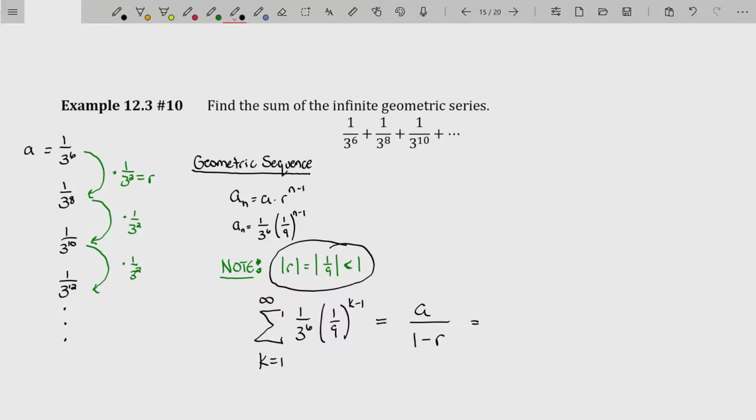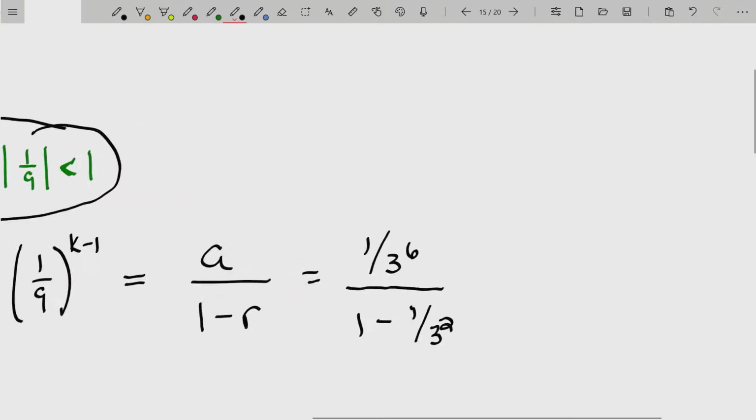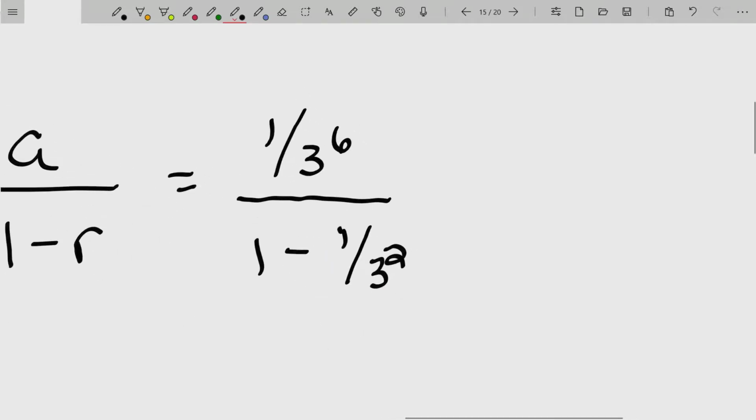So let's go ahead and insert the a value, which is our initial value. That is 1 over 3 to the 6th divided by 1 minus the common ratio, which is 1 over 3 squared. I'm writing it that way for a very specific reason. I'm going to multiply both numerator and denominator by 3 to the 6th. That's why I wrote that 9 as a 3 squared.